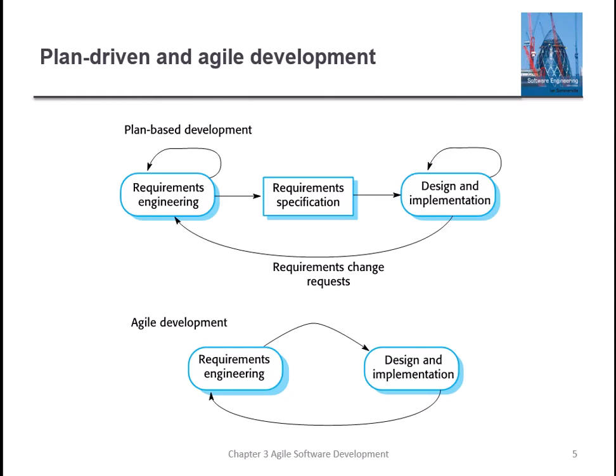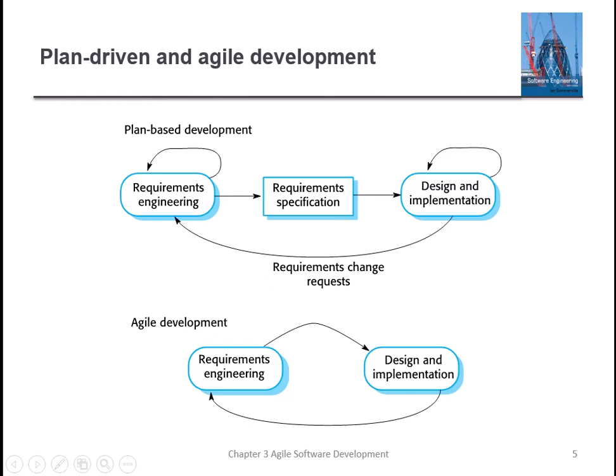So these are the two approaches given. The first is plan-based development, and the second is agile development. Here you can see, after requirements collection or requirement gathering, we specify the requirements, or we can say we make a specification document, and then we go to the design and implementation phase. But in agile development, soon after the requirement engineering phase, we go to the design and implementation phase and skip the specification phase.